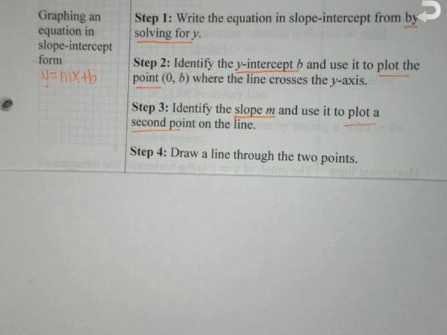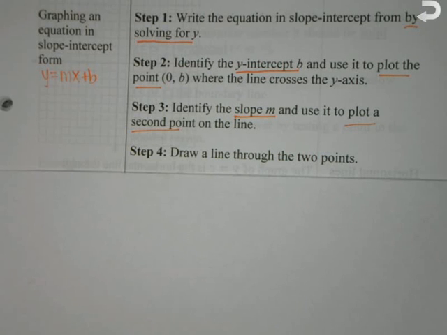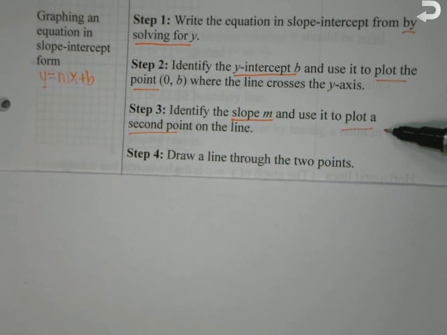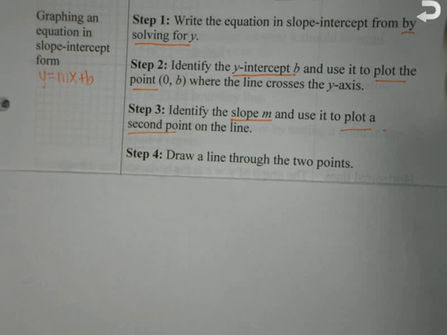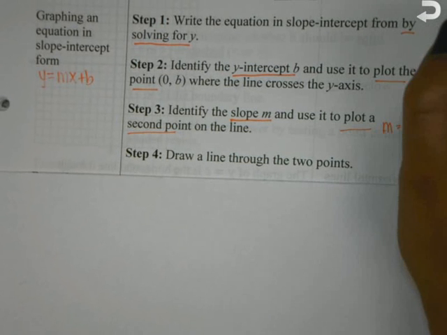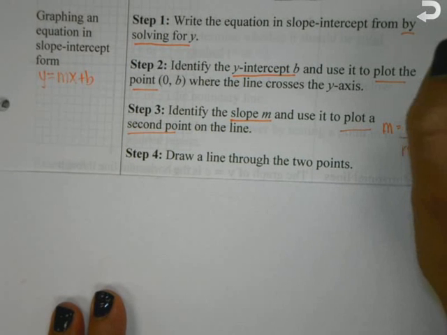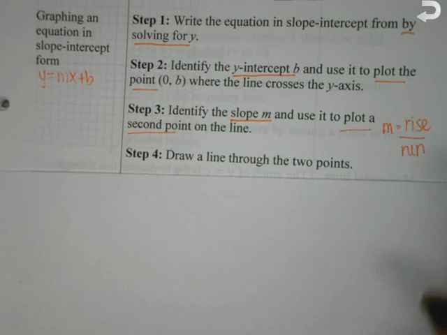Step 1, solve for y to get it to y equals mx plus b. Step 2, plot the y-intercept. Step 3, use the slope to plot a second point. And slope is what? Rise over run. So we can just count, correct? Slope is rise over run, so that's how you're going to get your second point.